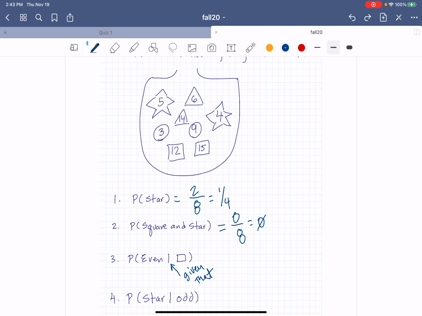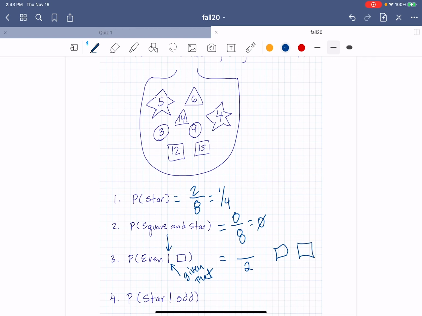But no, it's asking you, given that the bag only has squares. And how many squares do you have? Well, you only have 2 squares in the bag.